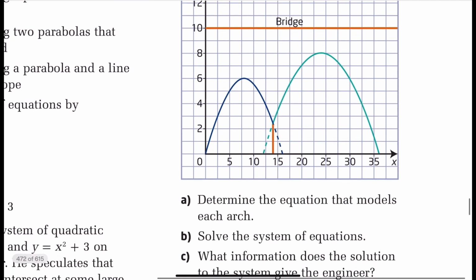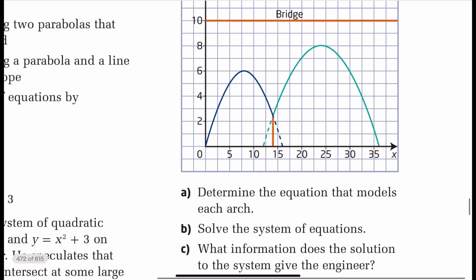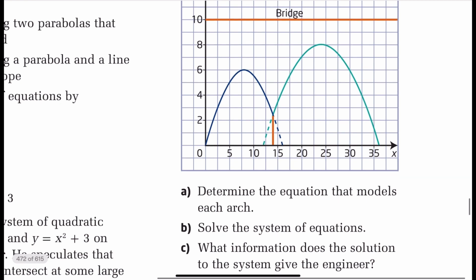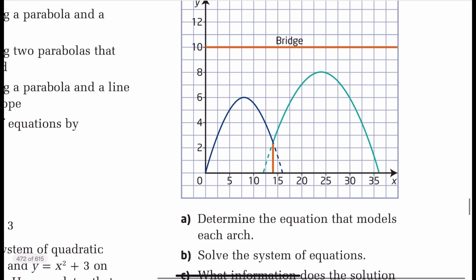So what is the question? Determine the equation that models each arc.